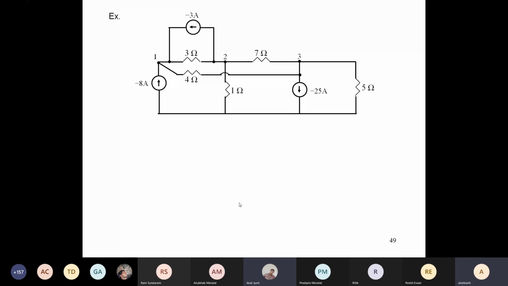V1 is how much? Give me in decimal. That was minus 8 amperes. 88.41 volts, sir. No, V1. It is not that. Sir, 14 volts. Sir, V1 will come 5.4 volts, V2 will come 7.7 volts. V1 will come 5.41.